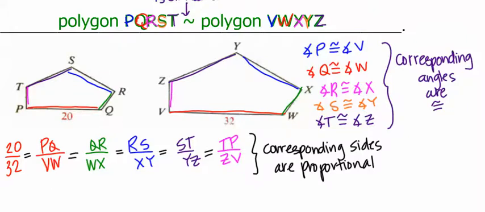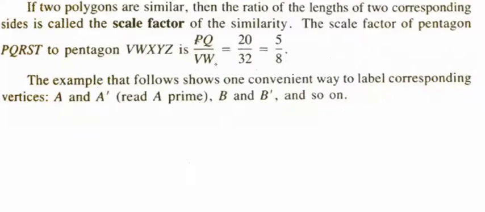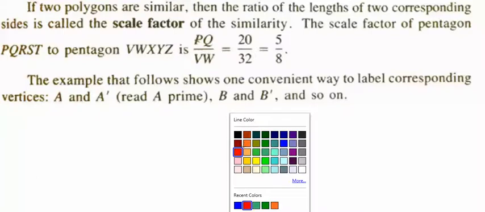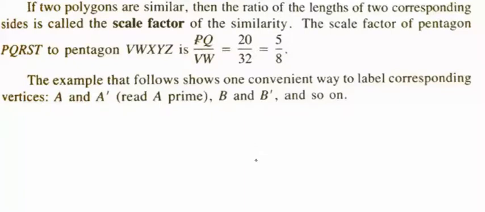And when we take 20 over 32 and reduce it to its simplest form, it reduces to 5 over 8. So the scale factor of the similarity of pentagon PQRST to pentagon VWXYZ is 5 over 8.